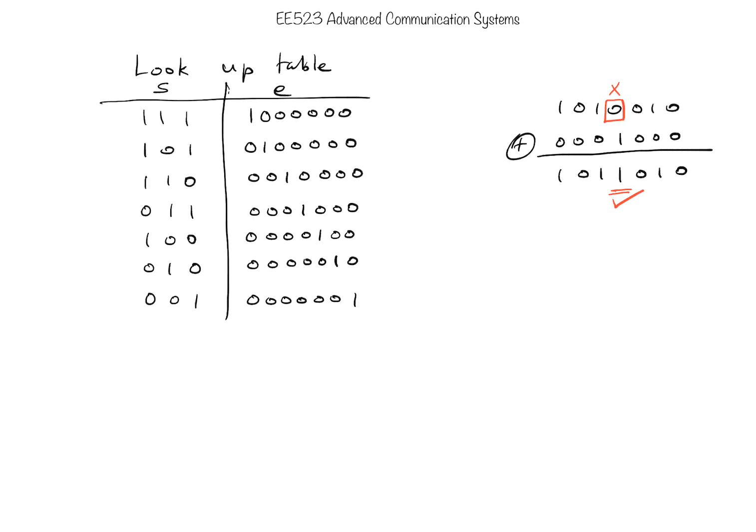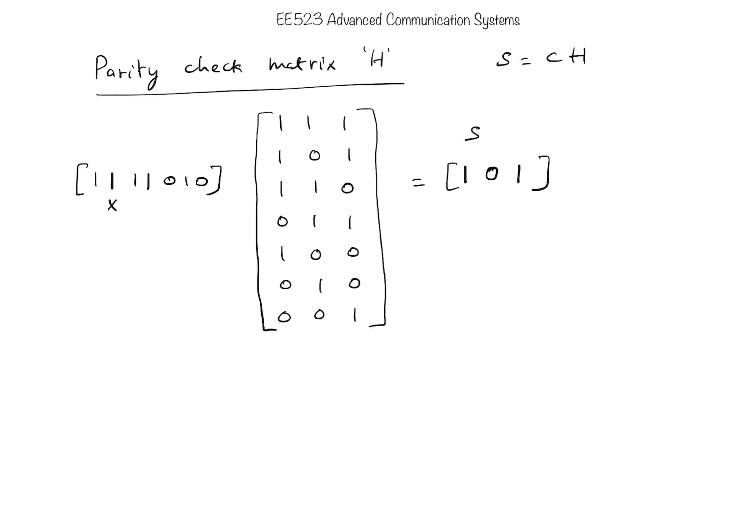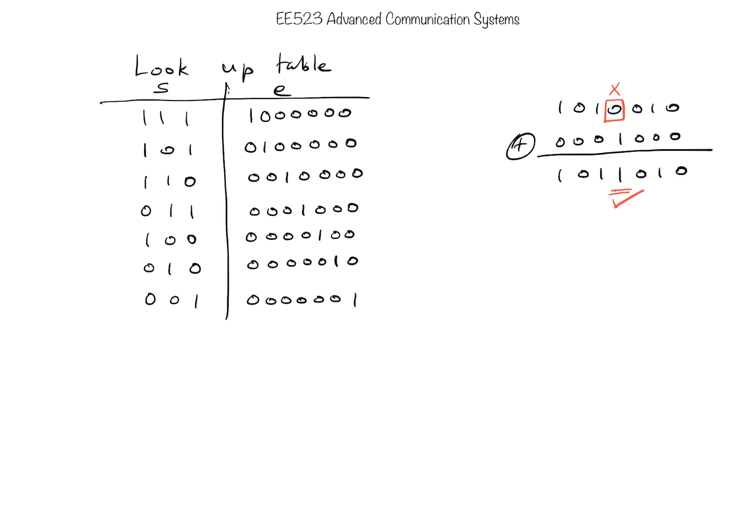So our received code word is 1111010, and to that it will add the error vector corresponding to the syndrome, which has a 1 in the second position. So it's modulo 2 addition, or XOR. So 0100000.